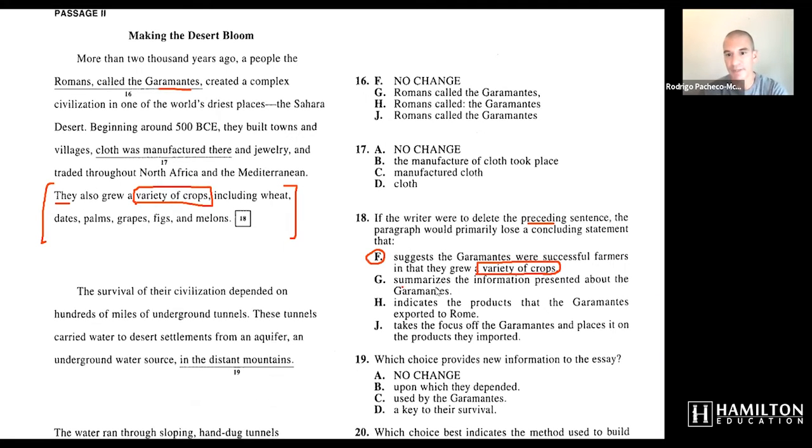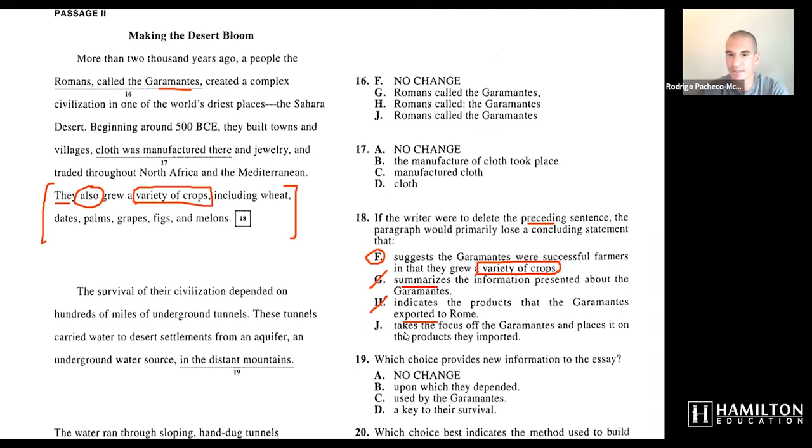G says that this is a summary, that it summarizes the information presented about the Garamantes, but it's not a summary as we see here. This is additional information. So we can eliminate G. H says that this indicates the products that the Garamantes exported to Rome. This might be true, but it doesn't say so explicitly. And that would be a pretty big inference to make. So we can eliminate H as well.